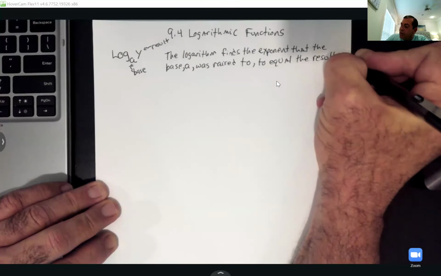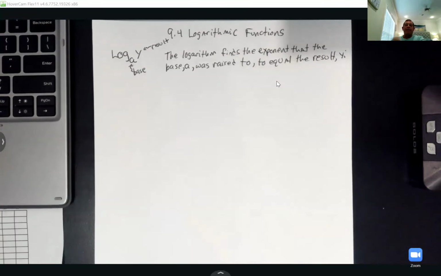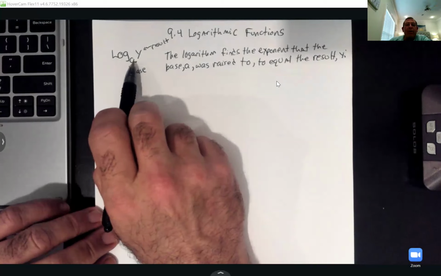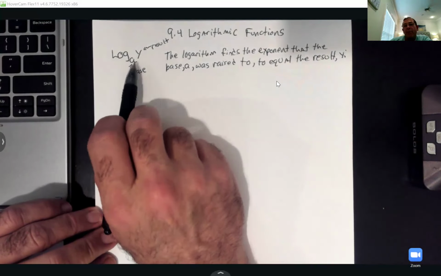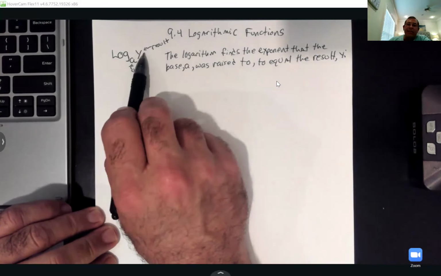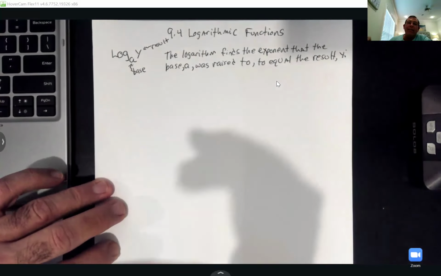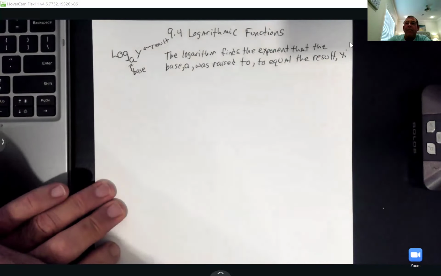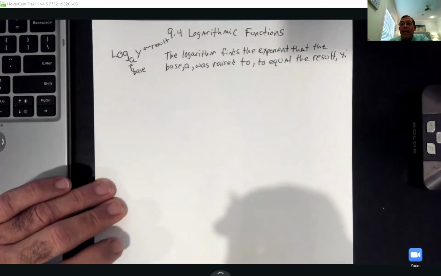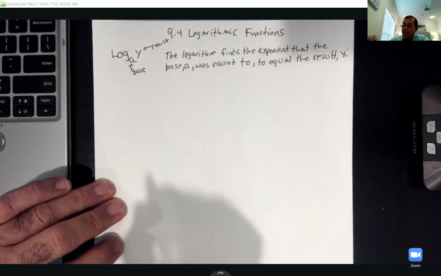And my result is the Y, okay? So I'm looking for exponents. How many times was this base multiplied to get these results? So basically, a logarithm in the long run is an exponent, okay?